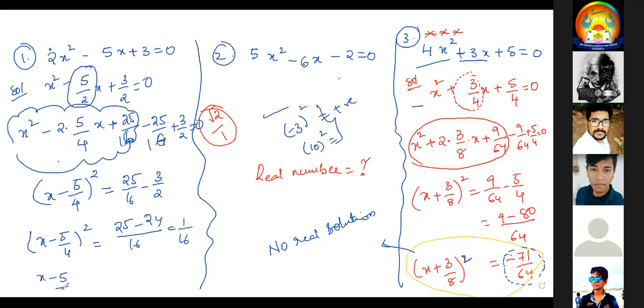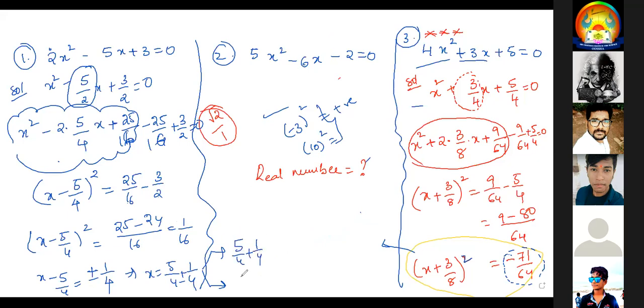So x minus 5 by 4 equals square root, plus or minus 1 by 4. This 5 by 4 will come this side: 5 by 4 plus or minus 1 by 4. Do it with plus, and do it with minus. If I do it with plus, it will become 5 by 4 plus 1 by 4, and with minus, 5 by 4 minus 1 by 4, 6 by 4, something like that.